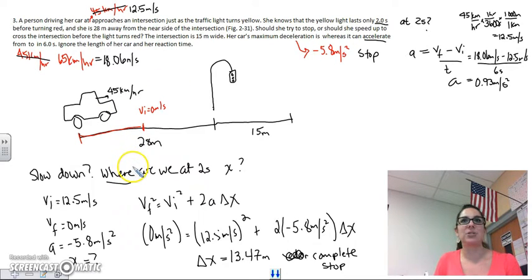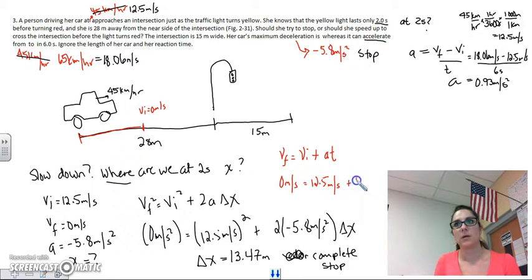How long does it take to stop? Let's see. We could do that too. We could do this one to figure that out: v equals v_i plus at. See how long it takes to stop, so it's going to be 0 here. This will be the 12.5, minus 5.8, times t.